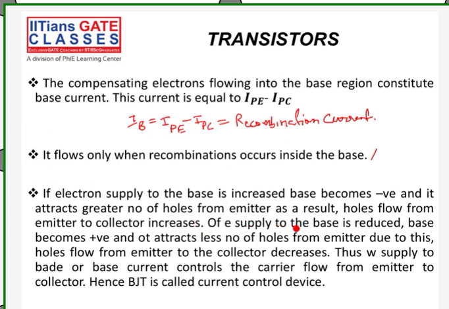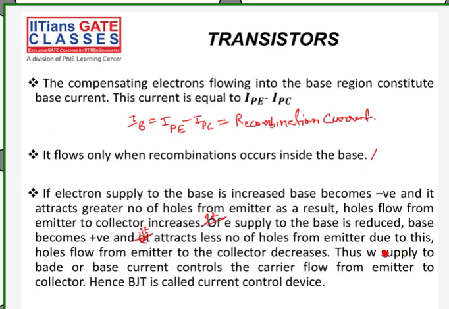If electron supply to the base region is reduced, the base becomes positive, right? And it attracts fewer holes from the emitter. Due to this, the hole flow from emitter to collector decreases.